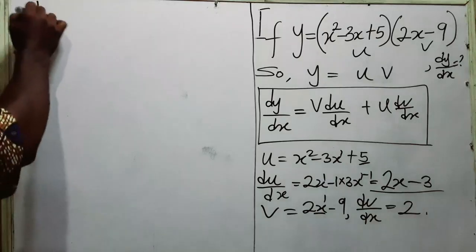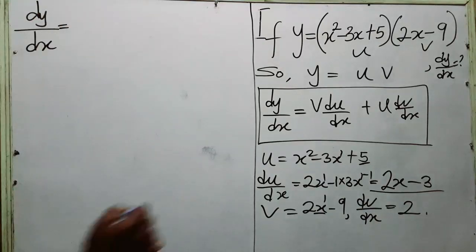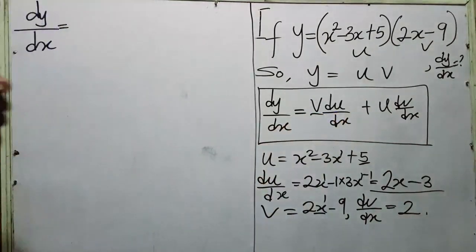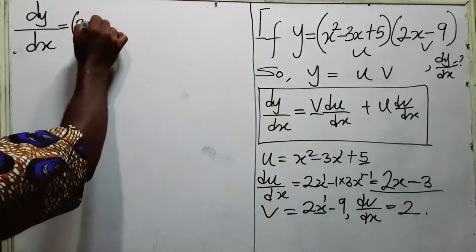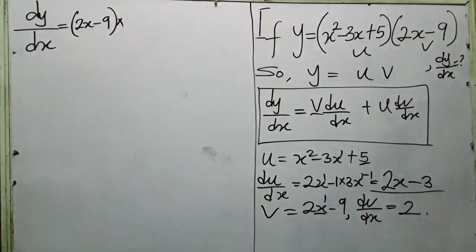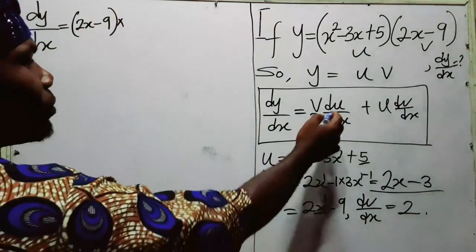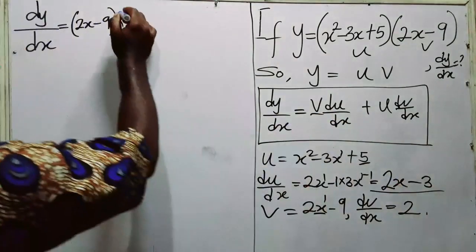So dy/dx will now give us, we write v, so the value of v is 2x minus 9, to multiply du/dx. What is du/dx? From here it is 2x minus 3.